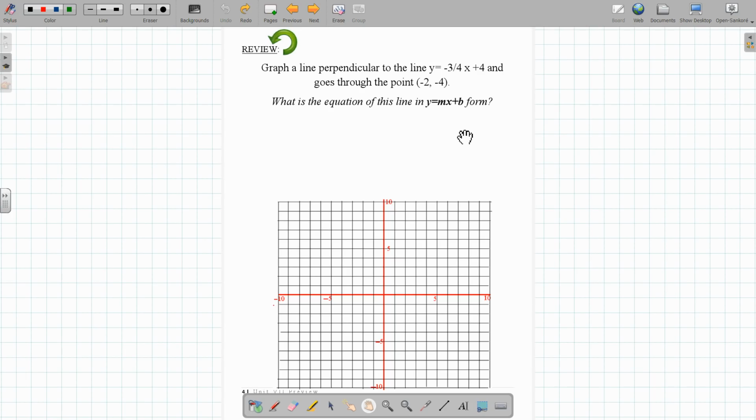Let's go ahead and recap something from semester 1. We're going to graph a line perpendicular to this given line, y equals negative 3/4 x plus 4, that goes through this point. Let's start by graphing the given line. Our intercept is positive 4.